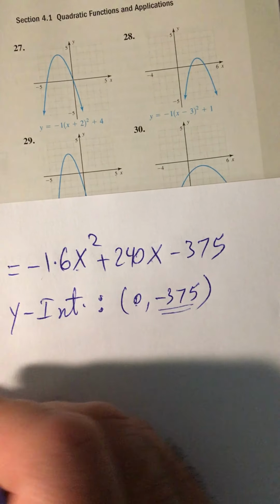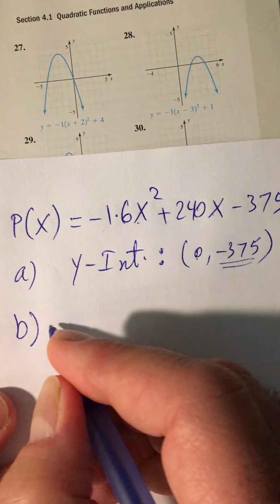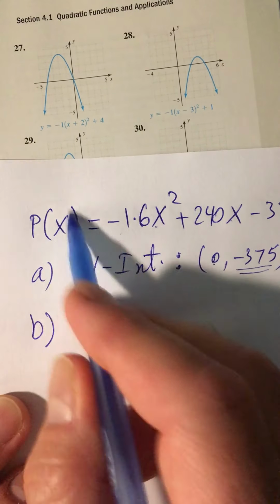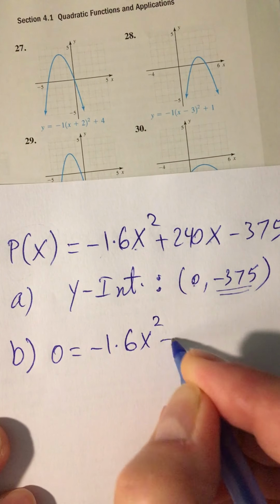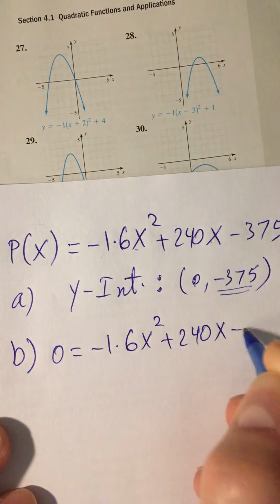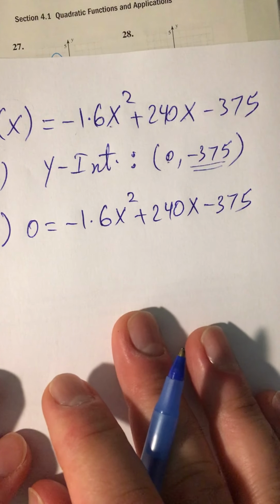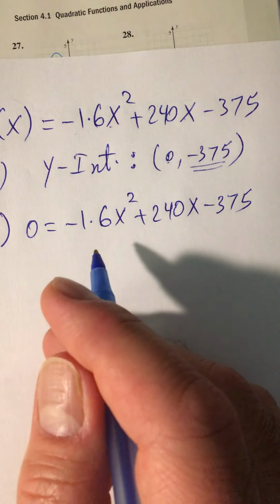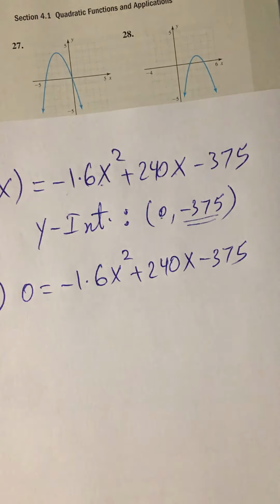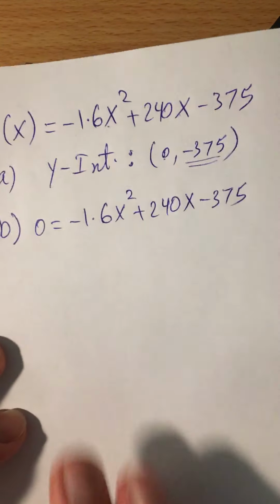Okay, find the x-intercept and explain what they mean in this context. Okay, so the x-intercept. Again, x-intercept is when your y value is 0. So 0 equals negative 1.6x squared plus 240x minus 375. So I'm going to solve this equation by quadratic formula, because factoring it is impossible, or extremely painful, I should say.